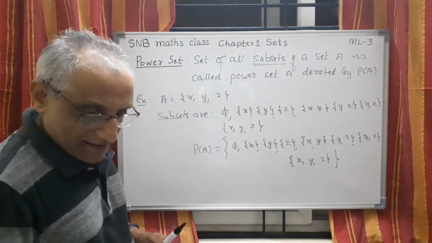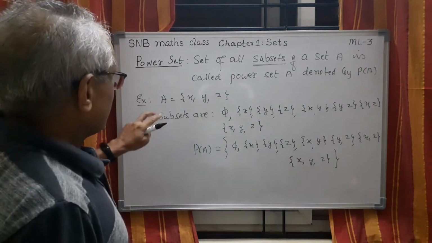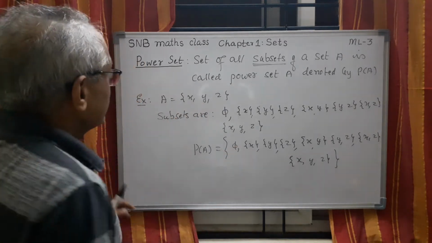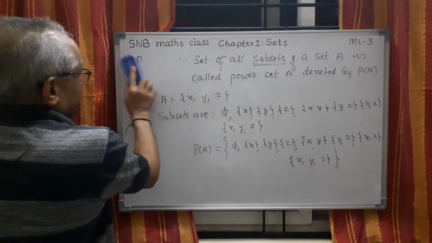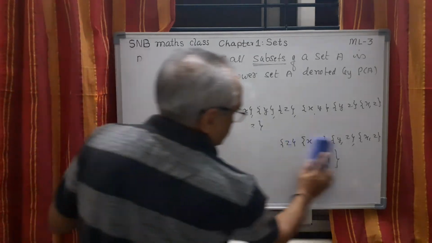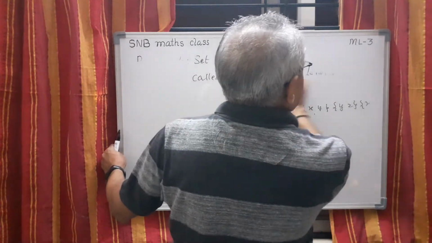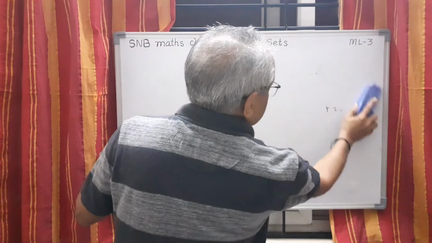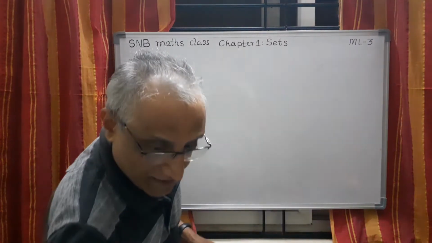There is an interesting relation between the number of elements in A and the number of elements in the power set that we shall find. So let us take a few examples and then we shall find the relation.